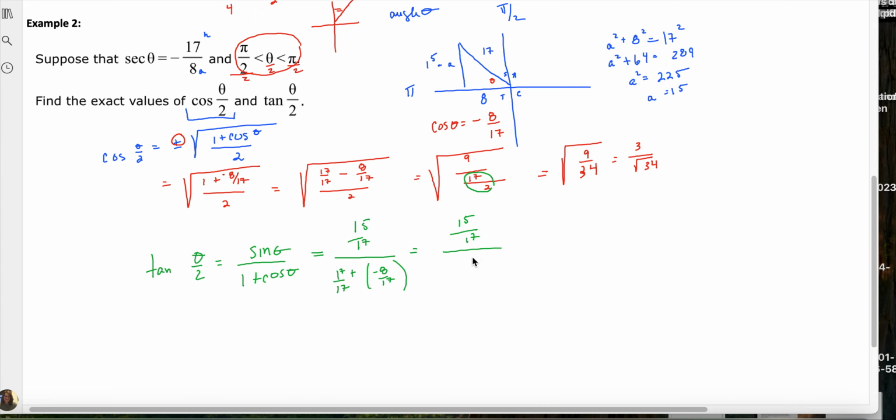So 17 minus 8 is 9 over 17. And so when we multiply by the reciprocal, actually the 17s will cancel, and we're left with 15 over 9, which reduces to 5 over 3. So the exact value for tangent theta over 2 is 5 over 3.